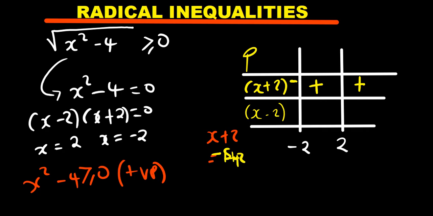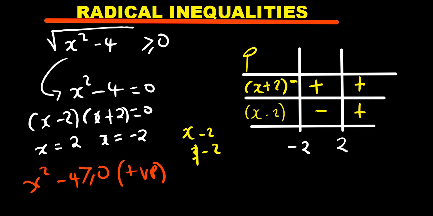Now let's come down to x minus 2. If you get a number greater than 2, like 3, then 3 minus 2 gives a positive number. If you get a number less than 2, let's say 1 minus 2, that gives a negative number.